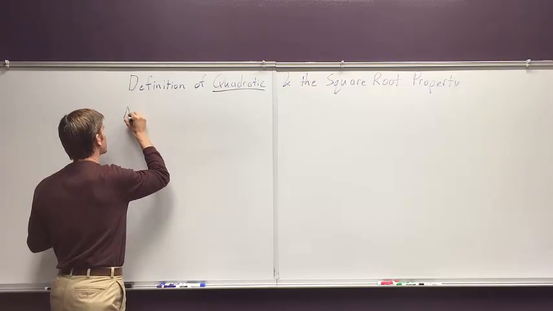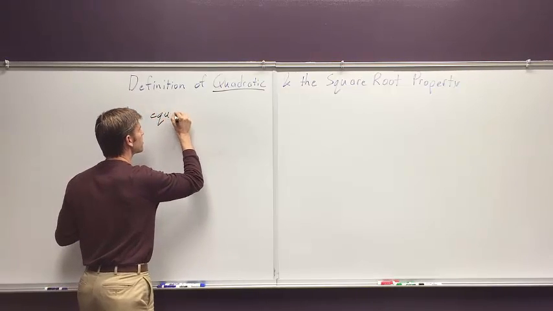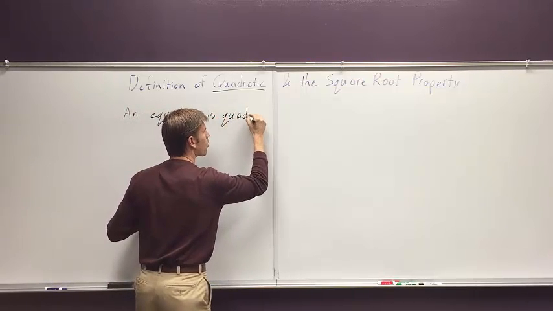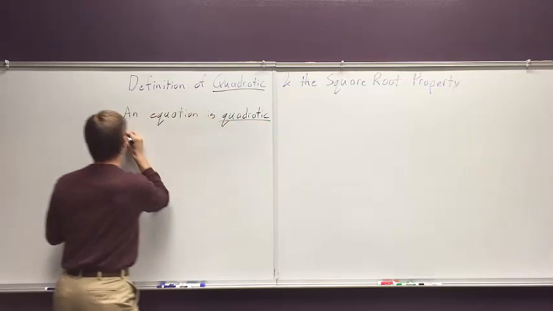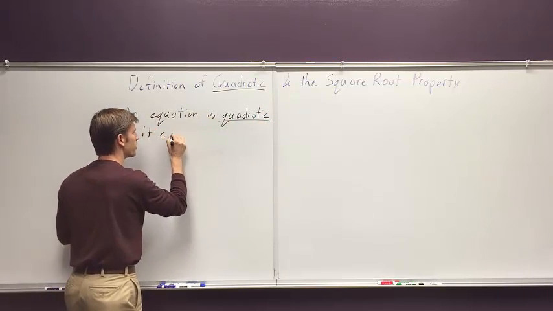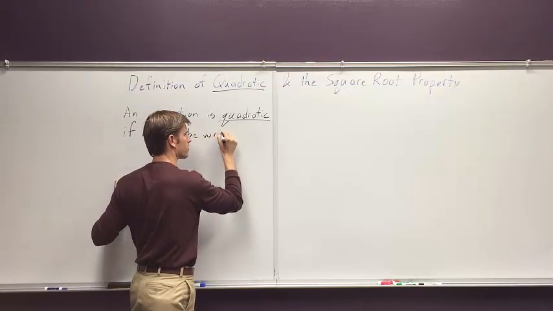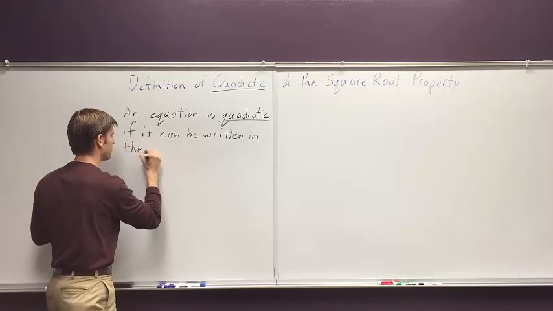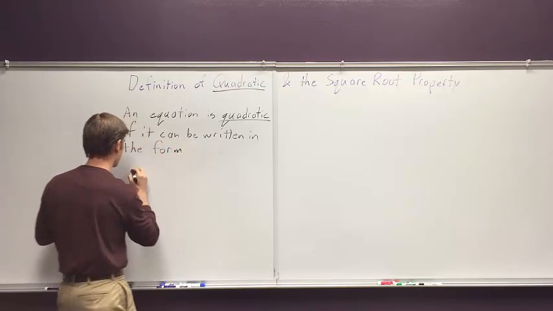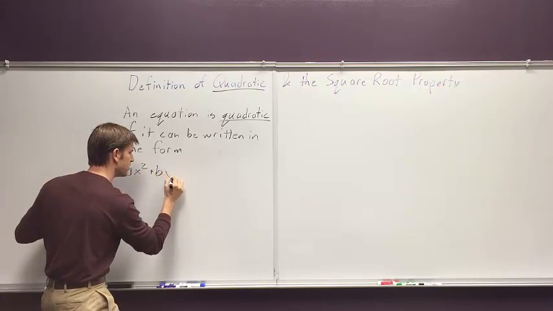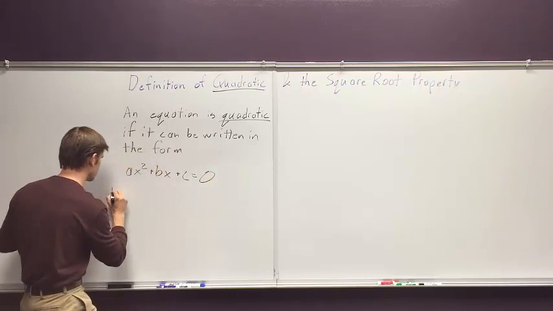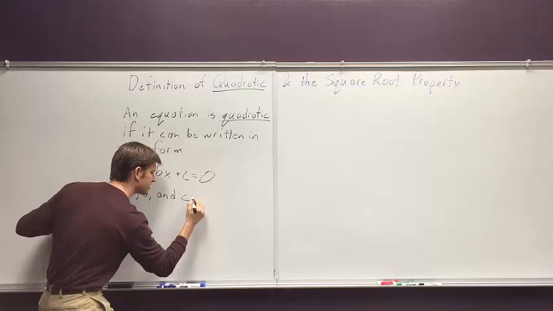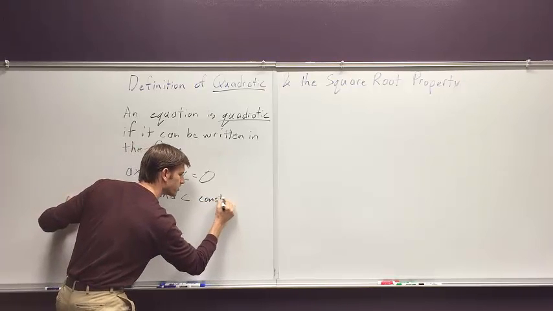So an equation is quadratic if it can be written in the form ax squared plus bx plus c equals 0, with a, b, and c constants.